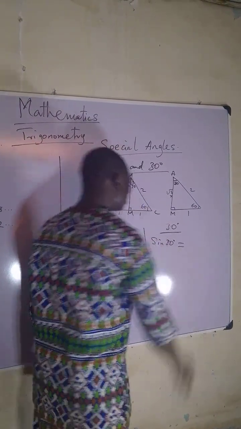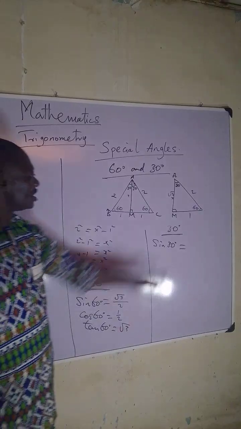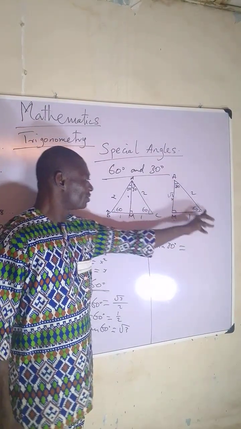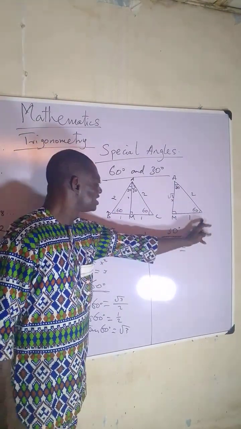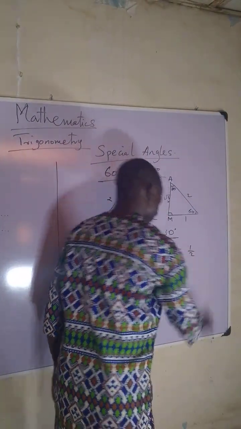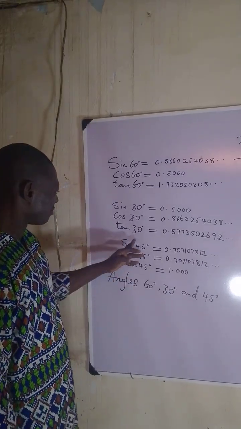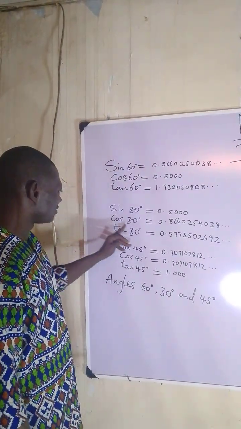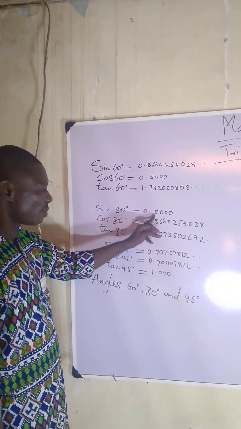Sine 30 degrees will give us opposite over hypotenuse. That is going to give us 1 over 2 or 0.5. Actually, that one is the same here. There is no problem for that. It has an end, 0.5.